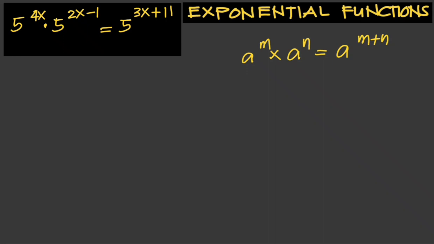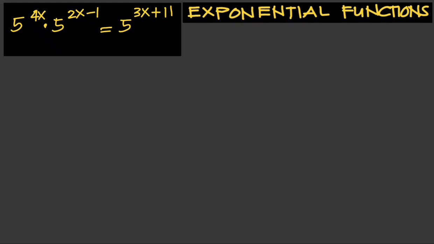So you just add the exponents. Say for example, this problem here. We're given 5 to the 4x times 5 to the 2x minus 1 equals 5 to the 3x plus 11.